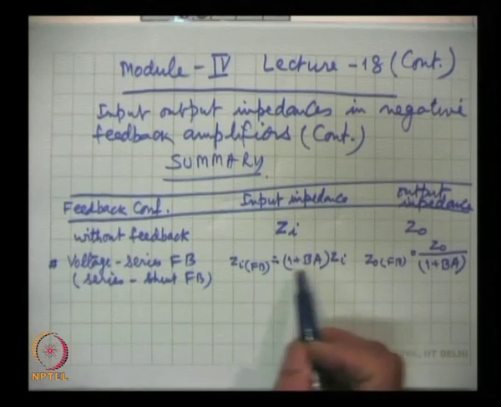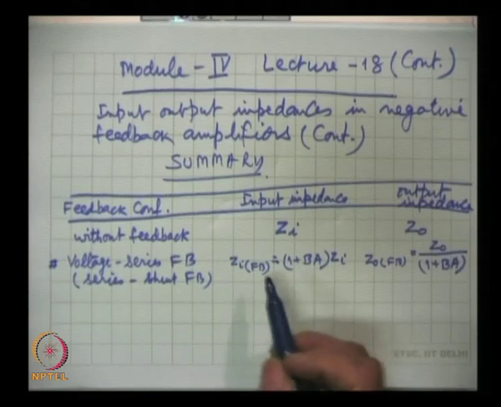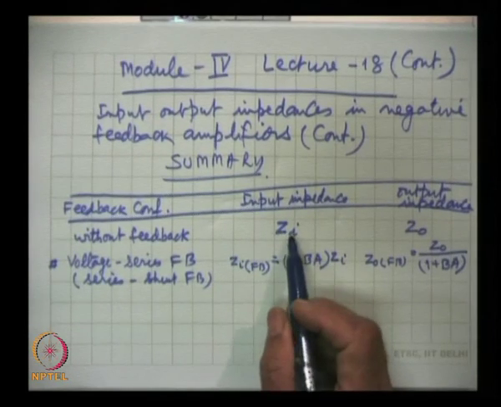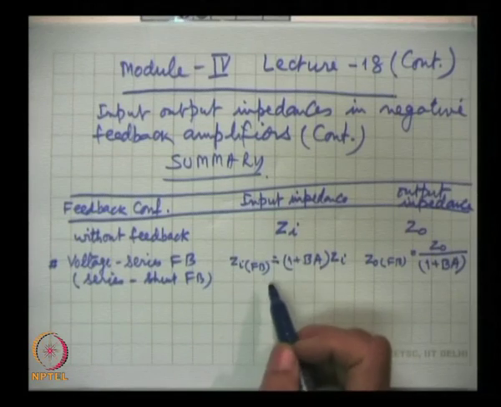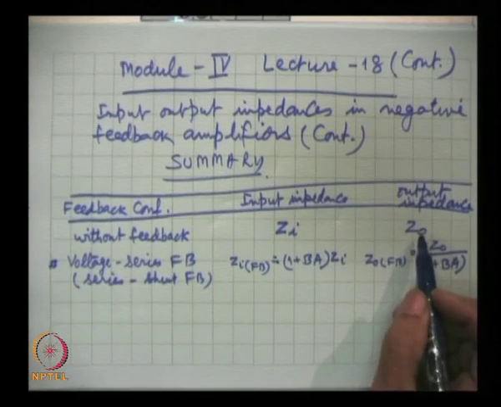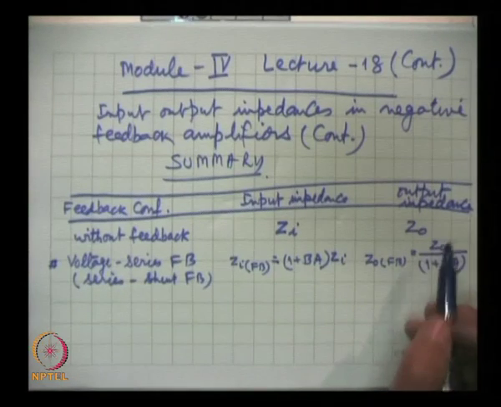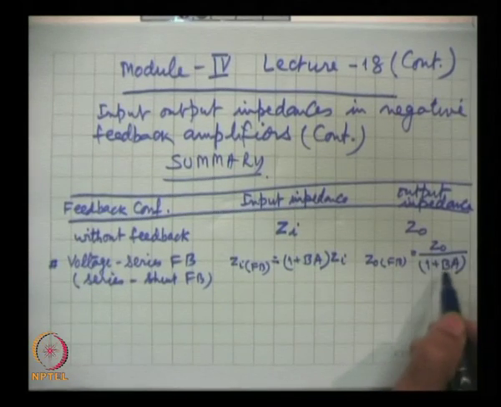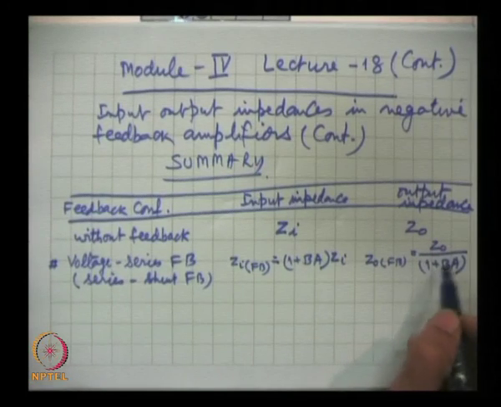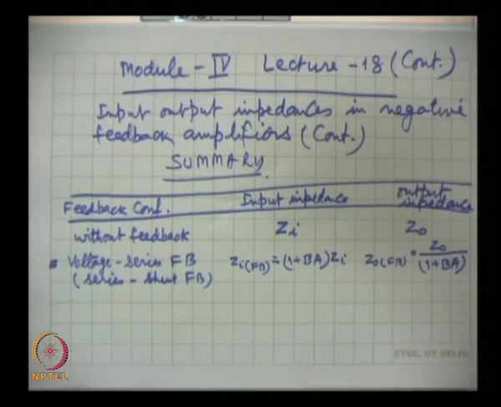If we take this factor as say 10, then this will be 10 times. If Z I is 1 k, it becomes 10 k, and if the output is again 1 k, and this factor is taken as 10, then that will reduce to 100 ohms. So, this is the modification.